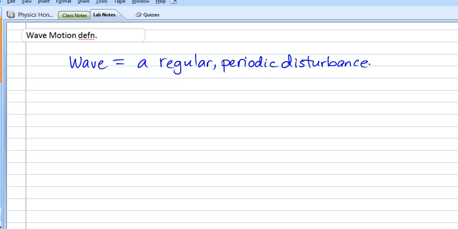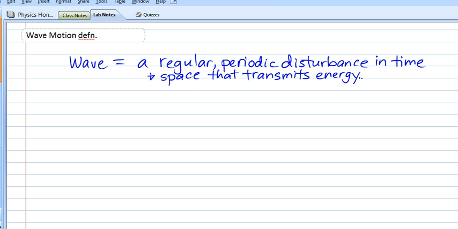And this is a disturbance that occurs in both time and space. And most importantly, it transmits energy. So these are all kind of fitting together to give us an idea of what a wave is. It's a regular periodic disturbance in time and space that transmits energy.